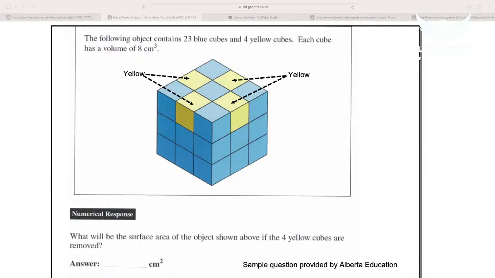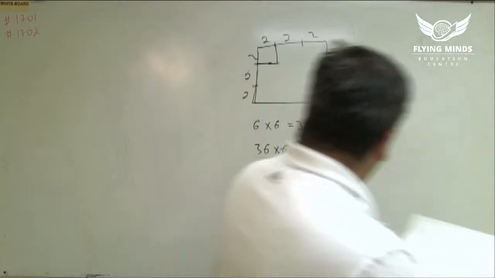Now, we remove 4 yellow cubes. So we remove 8 small faces, and we add 4 for each one.